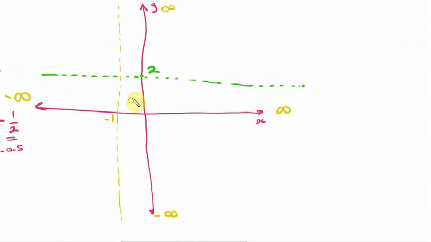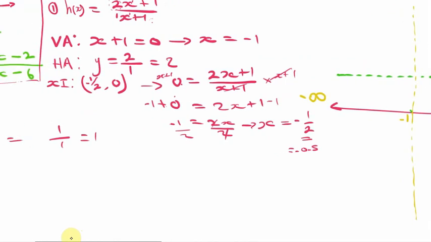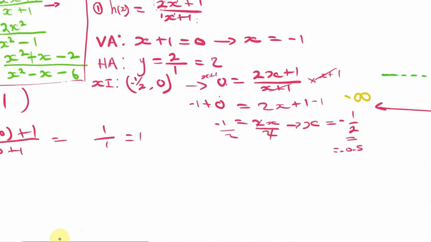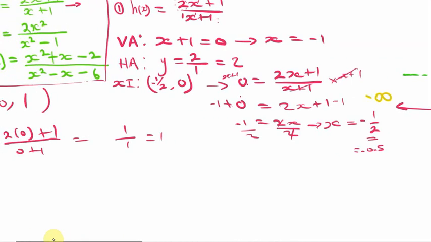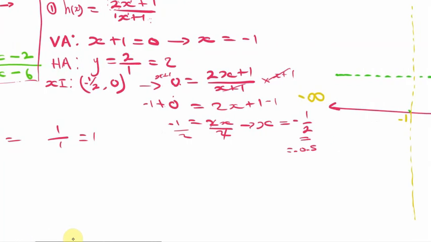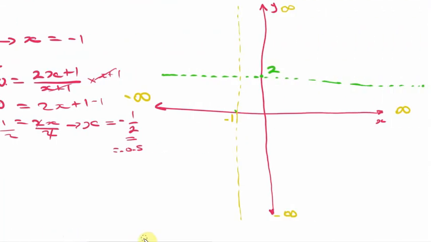Cool. We have our asymptotes plotted. Now we need to look at our x-intercept. So when y is 0, x is minus 0.5. Minus 0.5 is somewhere here. X-intercept.